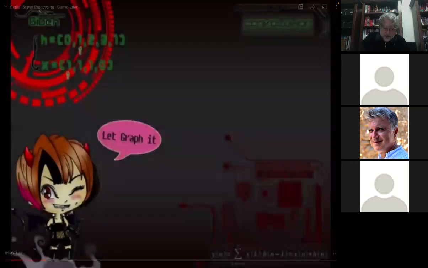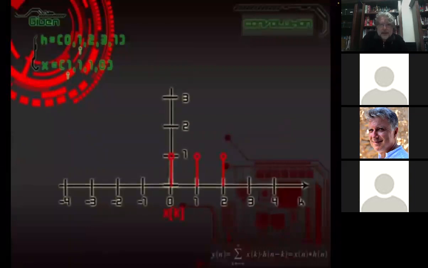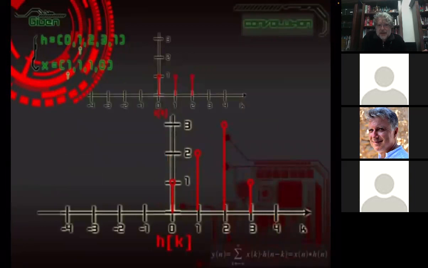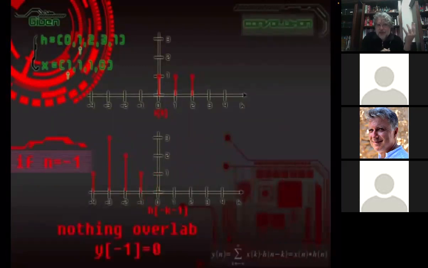Yeah, but this formula that you see is the summation of x[k] h[n minus k] for all k. That is the convolution of x of n with h of n, as we have discovered. This is an example x that is used, and this is an example h. So it flips h, and from -1 there is no overlap.